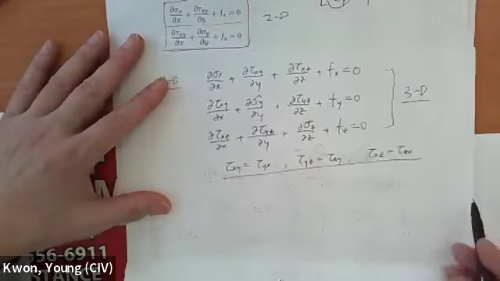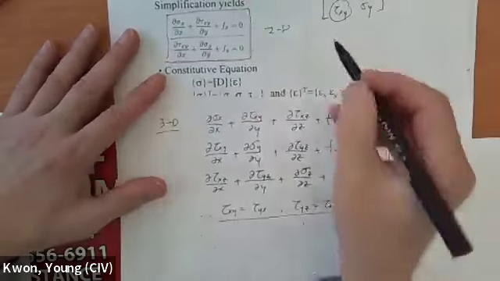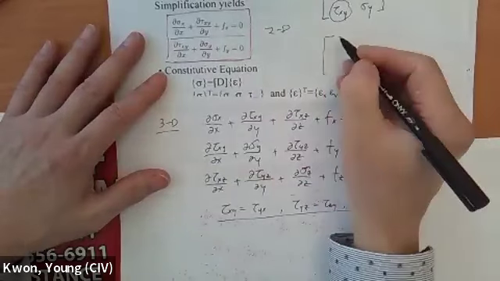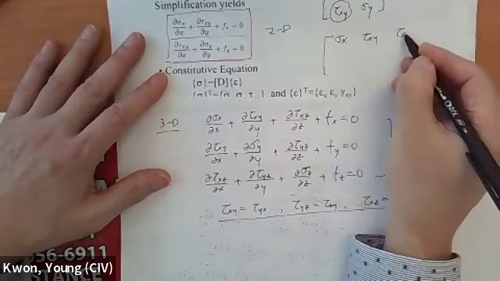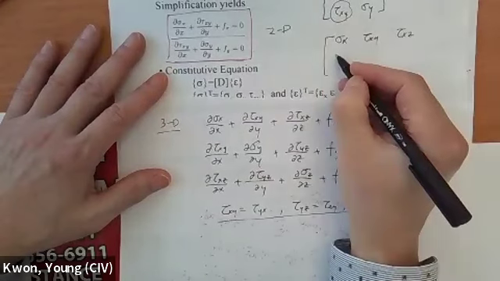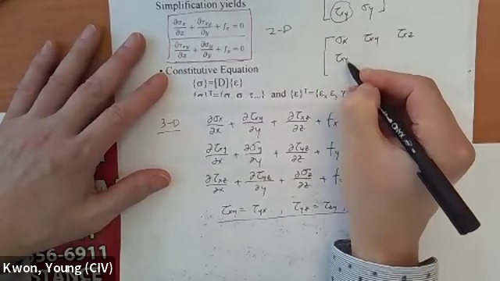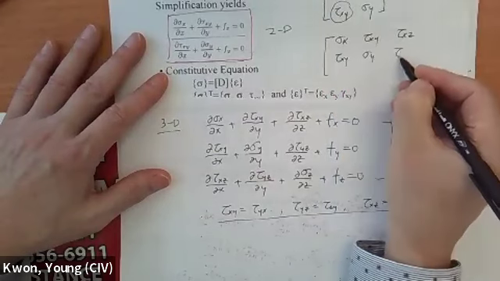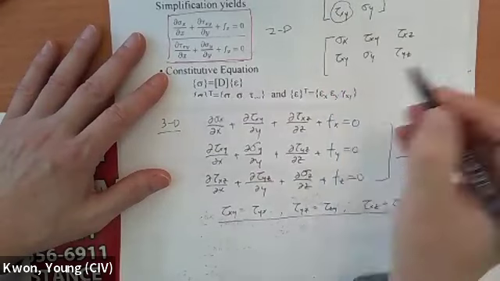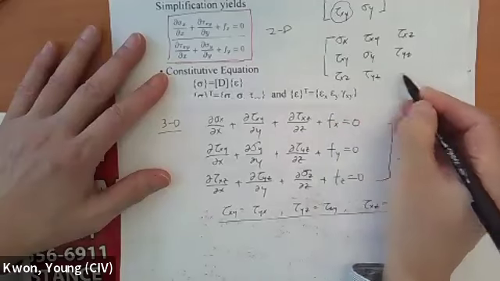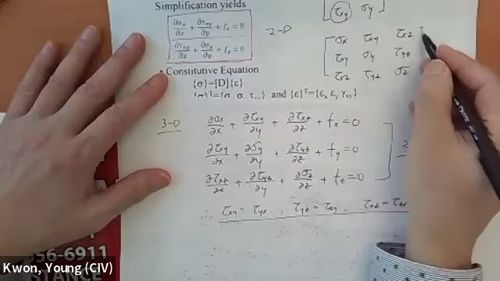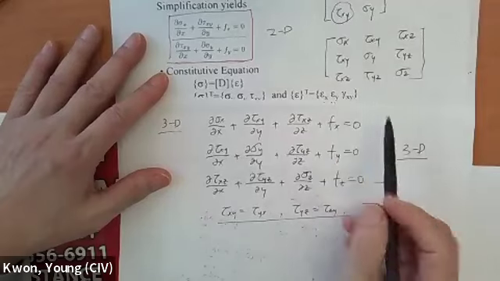So in 3D, the stress state is expressed this way: sigma x, tau sub xy, tau sub xz; tau sub xy, sigma y, tau sub yz; and tau sub xz, tau sub yz, and sigma z. Okay, that's for 3D.